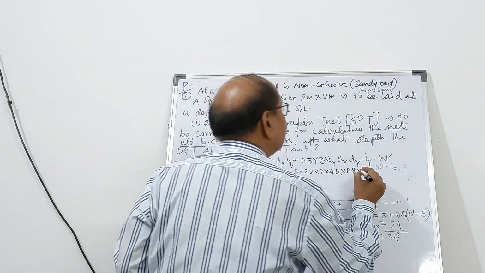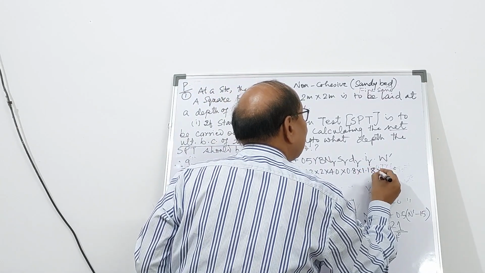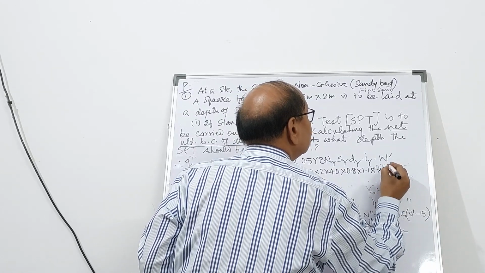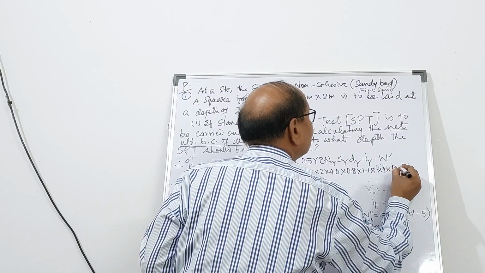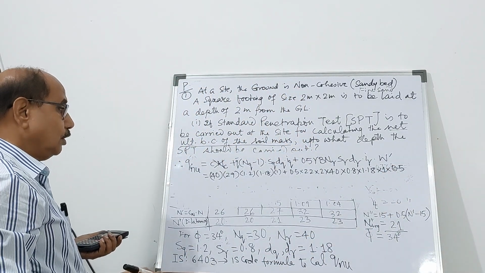D gamma is 1.18. I gamma inclination factor is 1, into water table correction factor 0.5 because it is touching the base of the footing.